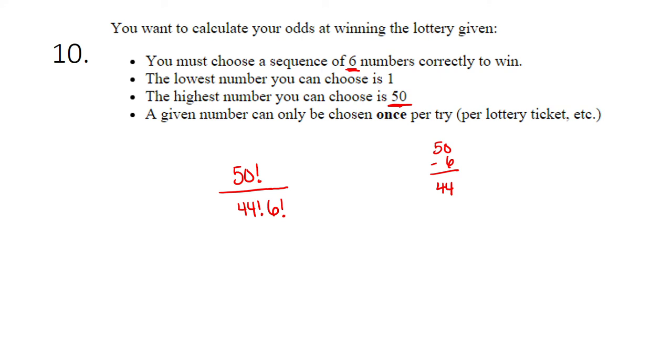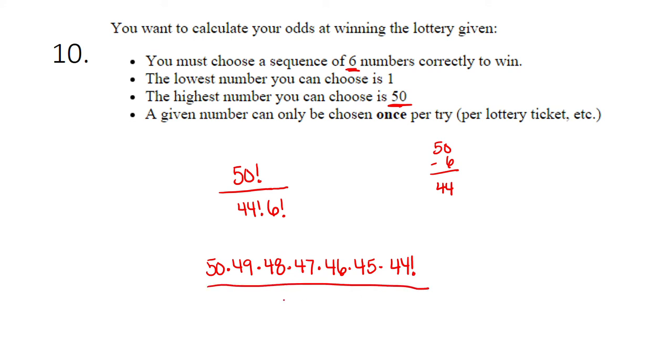Now, I'm actually fine if you leave this as your answer, but if you want to put a number to this, here's how it's going to look. It's going to be 50 times 49 times 48 times 47, 46, 45, 44 factorial, because the 44 factorial will reduce with the denominator.